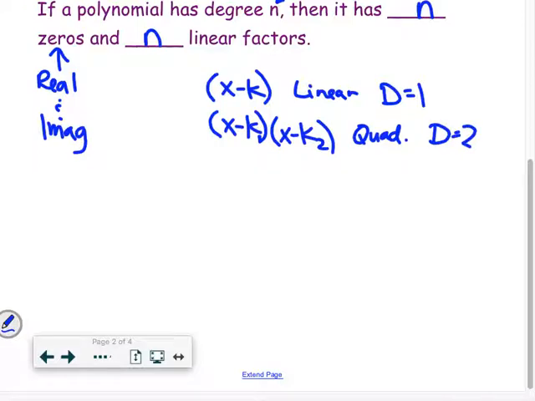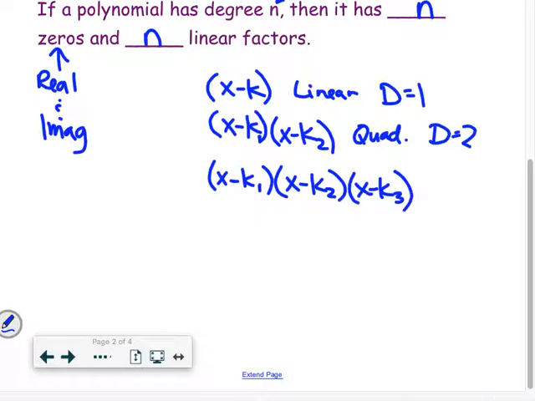So if you have a degree of 2, then you have 2 linear factors. And we can extend that. I'll just do one more. If you were to have 3 linear factors, and you think about doing all the distribution, first you multiply 2 of them, you'll get a quadratic, then you multiply by that third zero. In the end, the first term, x times x times x, is going to give you something that is cubic or degree 3.